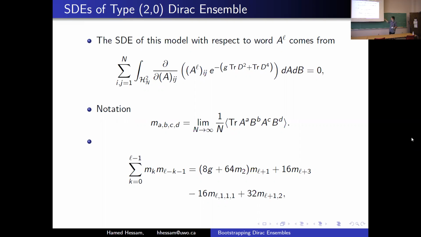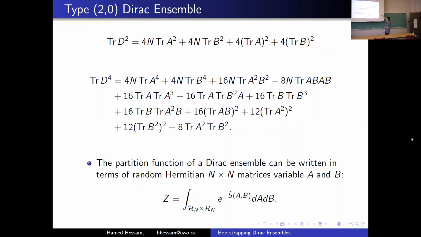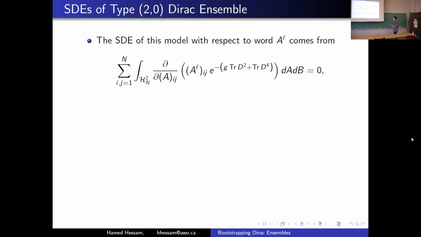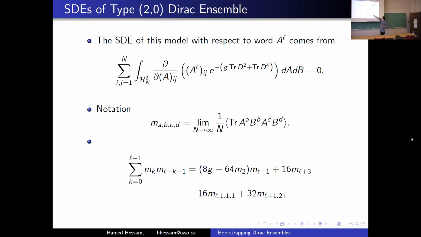But to see what this Schwinger-Dyson equation looks like, the simplest case looks like that. And M2 here times ML plus 1 comes from the trace of A squared in the trace of A squared, or the trace of A squared times the trace of B squared. So that's why we also have multiplication of the moments on the right-hand side by M2 to the power times something.